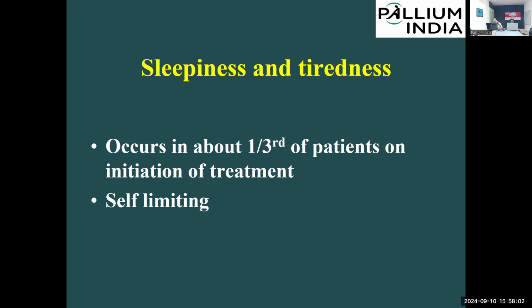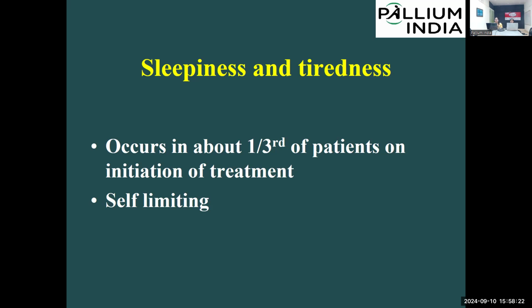But when you start a patient on morphine, advise them that they are likely to develop constipation, so they have to take stimulant laxatives as long as they are on these drugs. Tell them that in the initial 2-3 days they are likely to develop nausea and vomiting.